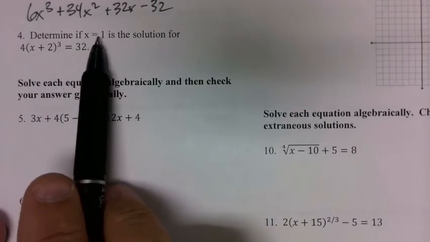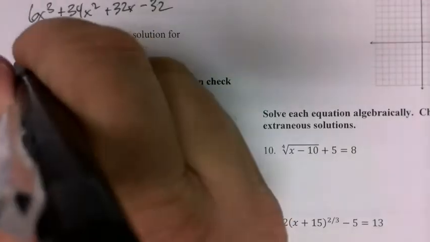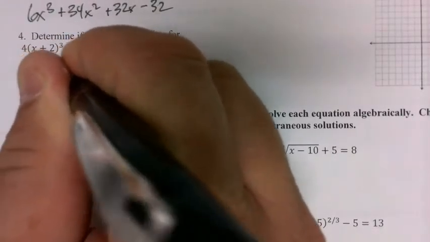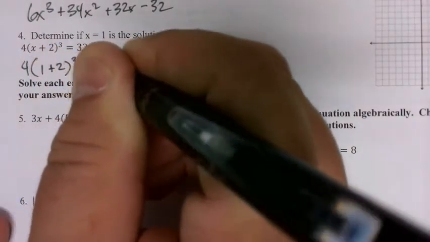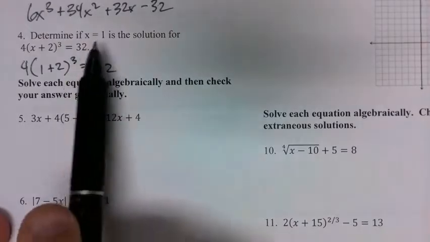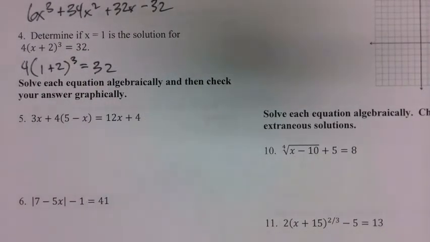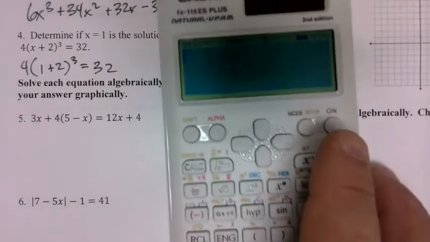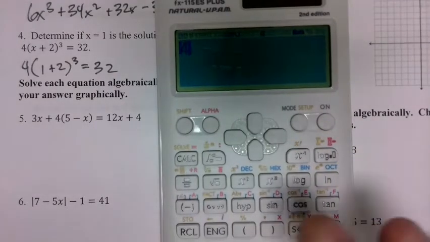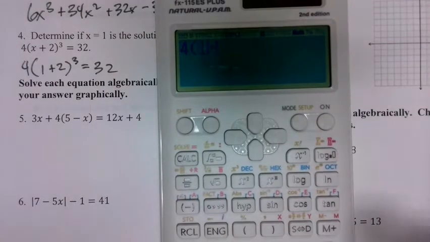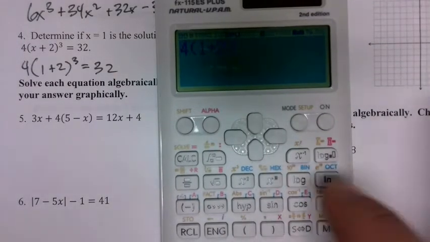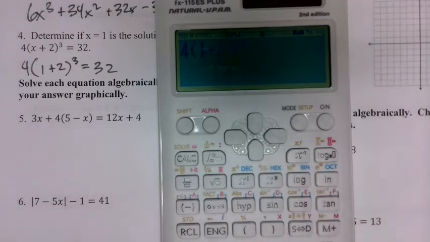The easiest way to do that is just put the 1 in there. So I've got to go 4 times 1 plus 2 cubed equals 32. So I just put 1 in for x. I need to see if that's true. The way I would do it is I would pull out my calculator, and I would go 4 times 1 plus 2 parentheses cubed.